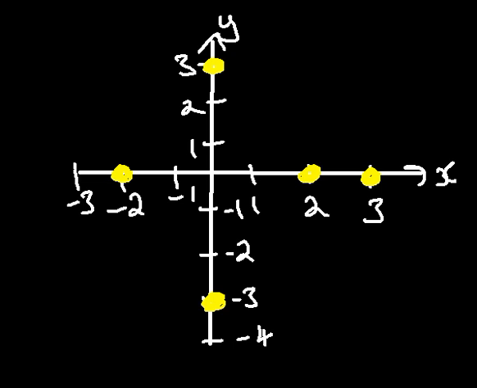And by the way, this is the reference point. Assuming that this is the object of mass 1, this is the object of mass 2, this is the object of mass 3, this is the object of mass 4, and this is the object of mass 5.